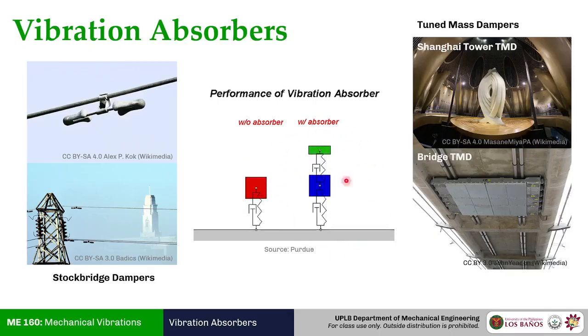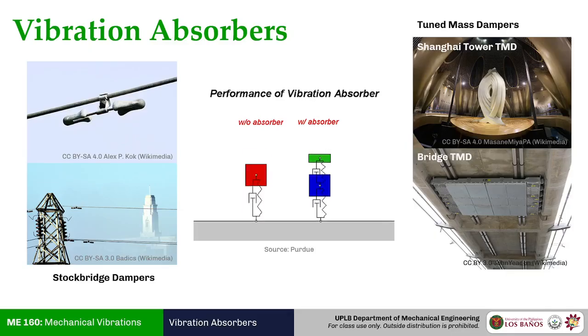The absorber kind of absorbs, quote unquote, most of the shaking, such that the primary system doesn't really experience much at all. So that is how vibration absorbers protect your systems.